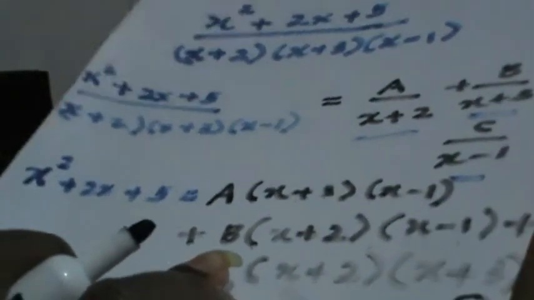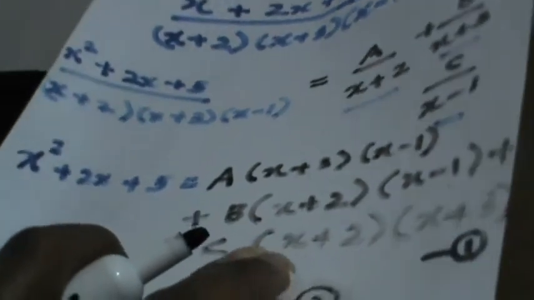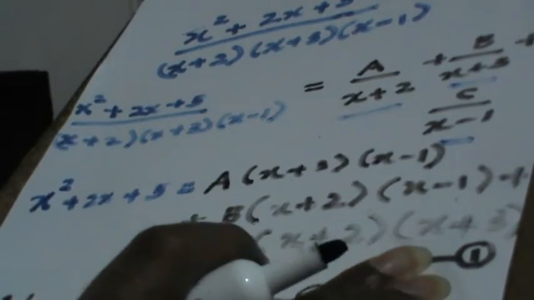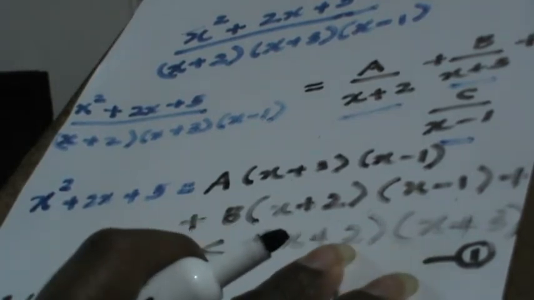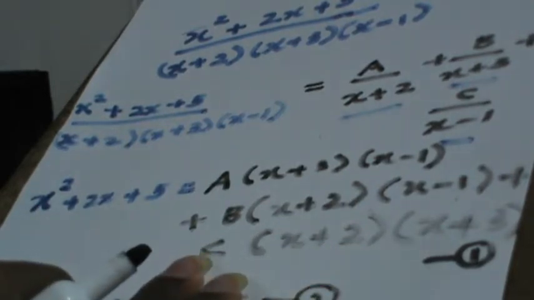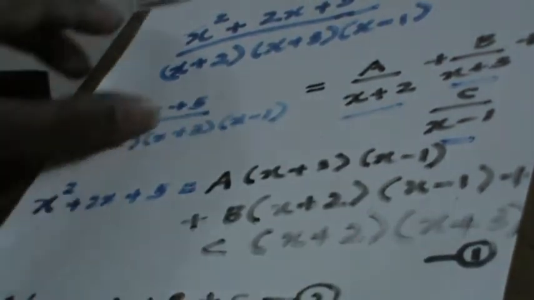Plus, when I multiply c by these two, x + 2 times x + 3 will give me x² + 5x + 6. So the coefficient of x is 5c, and that's a positive one, so we have to add this positive 5c, and that will be my equation number 3, right? That will be my equation number 3.